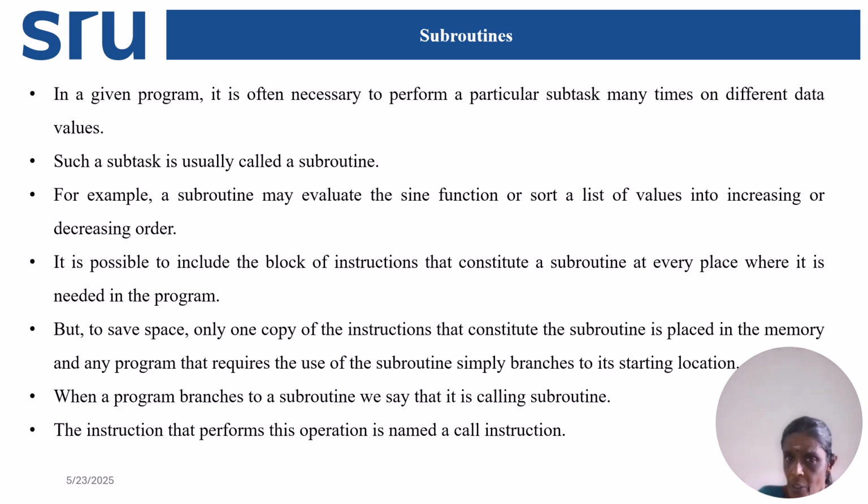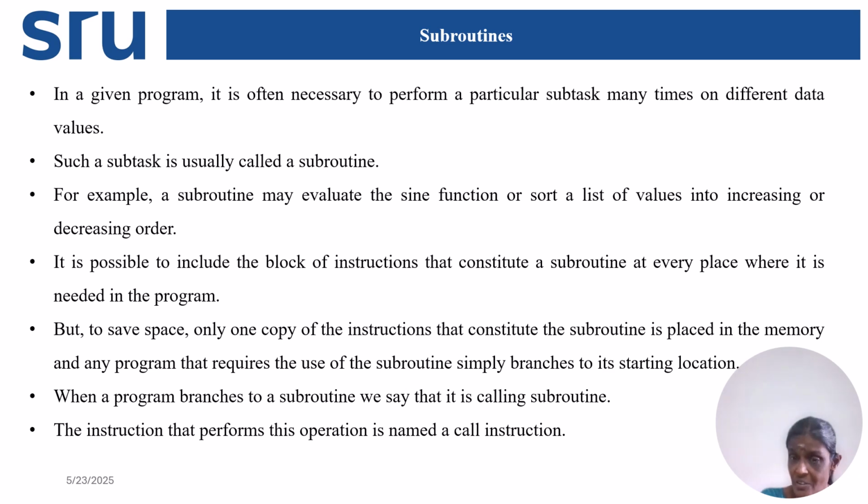For example, as I have told you already, it may be a sine function or sorting the values in increasing order or decreasing order. Then it is possible to include a block of instructions that constitute a subroutine at every place. We can write that same subroutine in the main program wherever it is necessary. But what is the drawback?